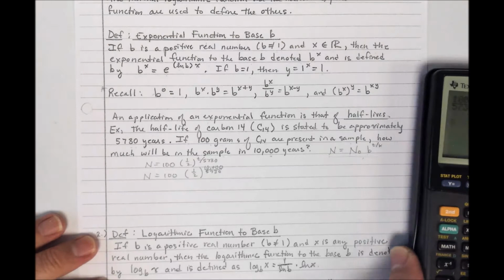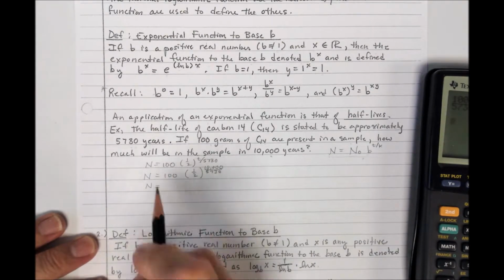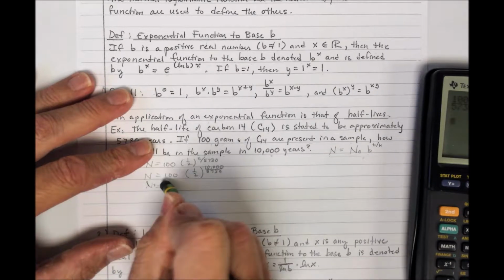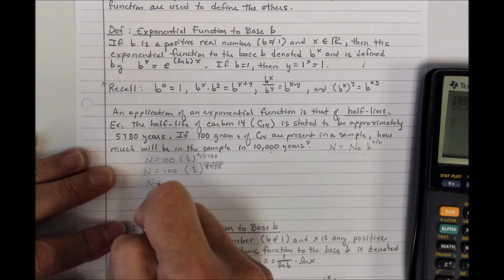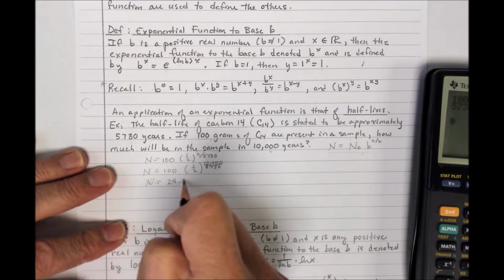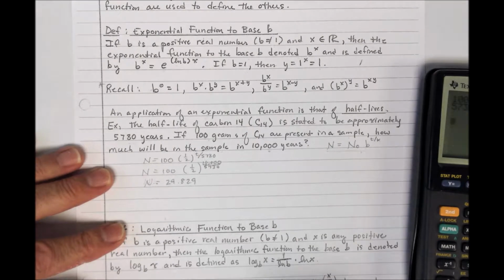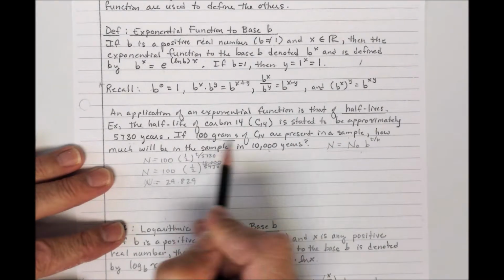It doesn't say where to round to, so we'll say this is approximately 29.829, and this of course would be in grams.